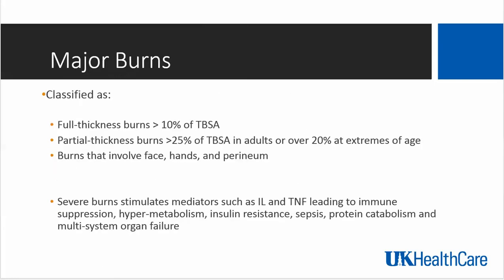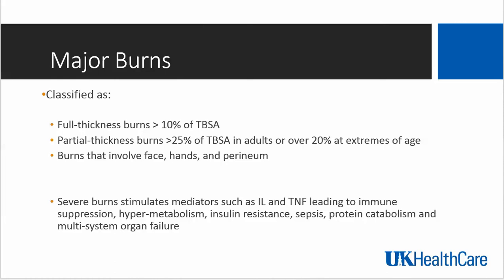What are major burns? They're classified as full thickness burns greater than 10% of total body surface area, partial thickness burns greater than 25% of total body surface area in adults, or over 20% at the extremes of age. Also, burns that involve the face, hands, and perineum.